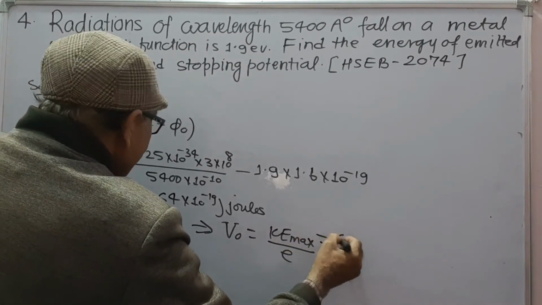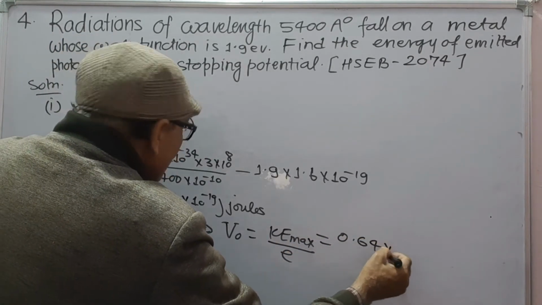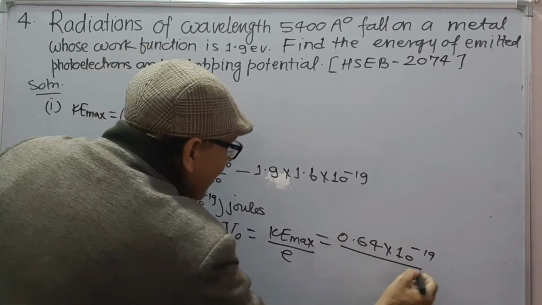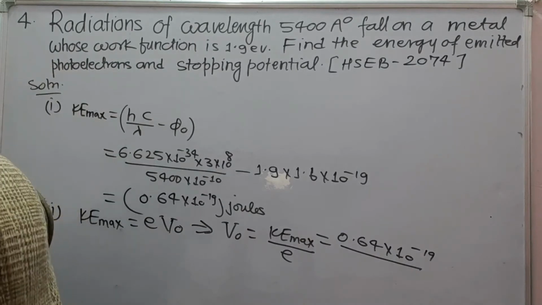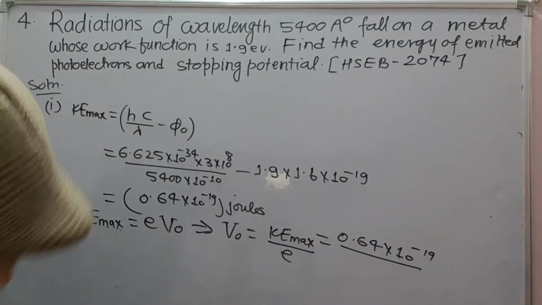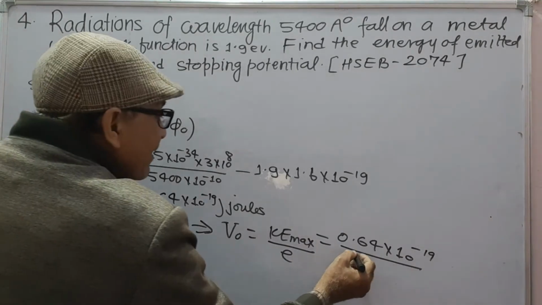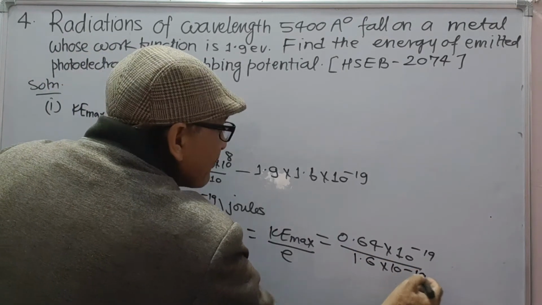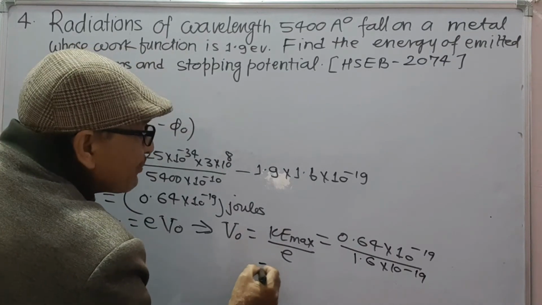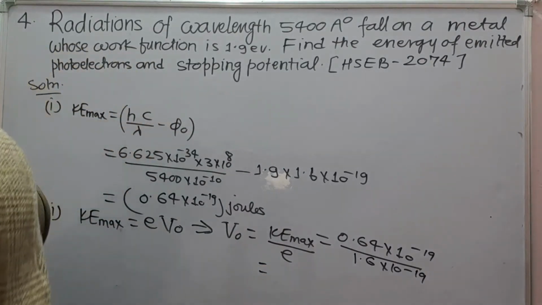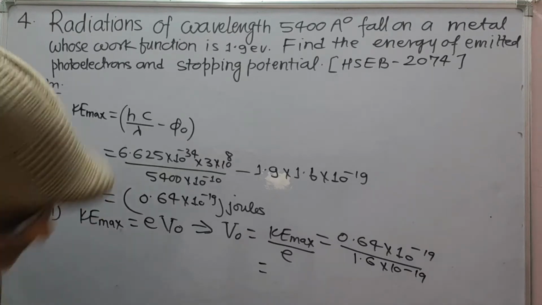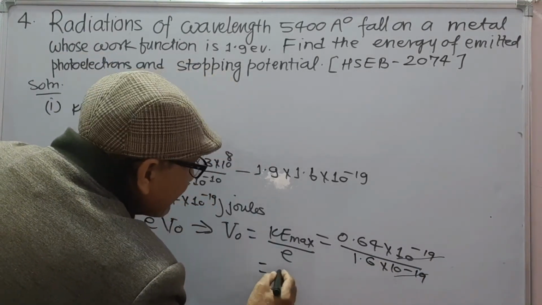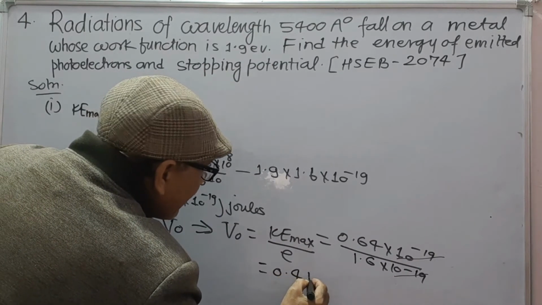KE max is 0.64 × 10^-19 upon e, which is 1.6 × 10^-19. So the stopping potential will be 0.4 eV, this cancels out, 0.4 volts.